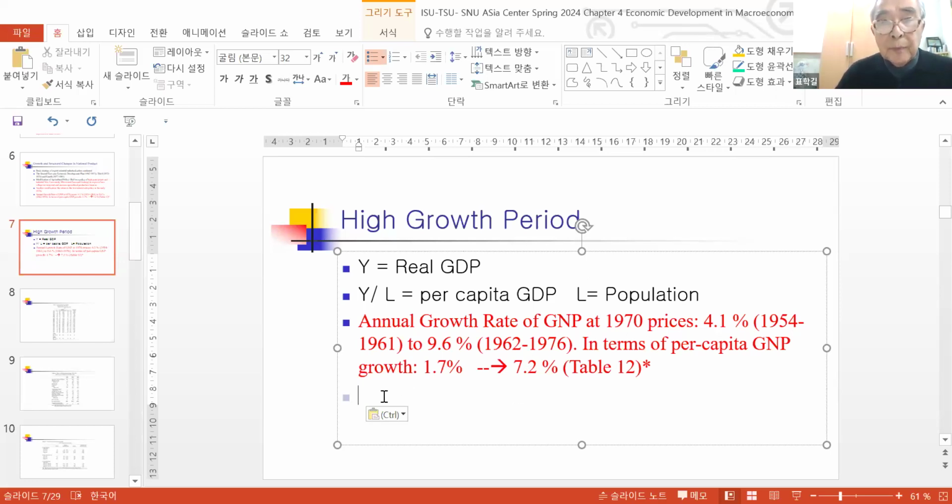So the growth rate of Y, G meaning growth rate, Y is 4.1%.